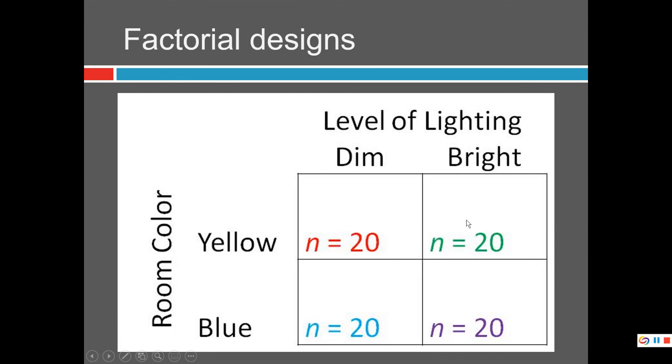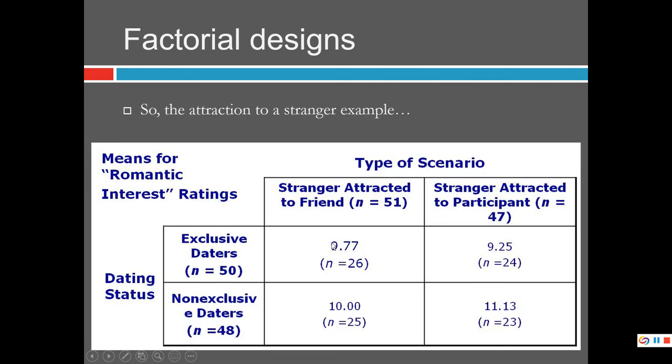Let's say these people are the same. They're taking the test in a yellow dim and a yellow bright room. These people are the same. They're taking a test in a blue dim room and then a blue bright room. So you can think about these things in different combinations.